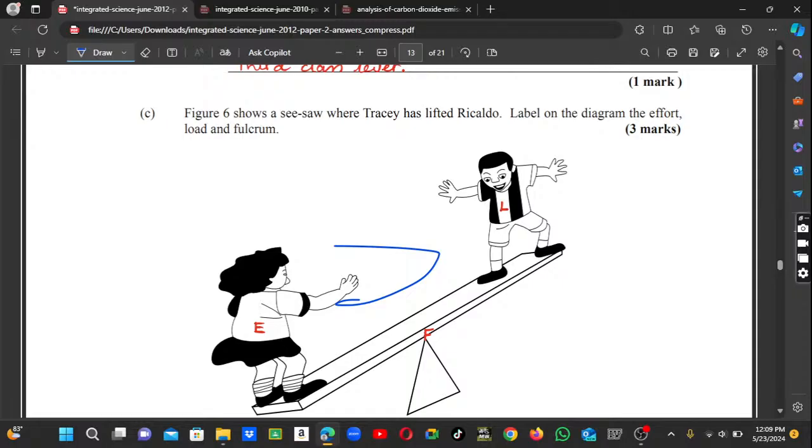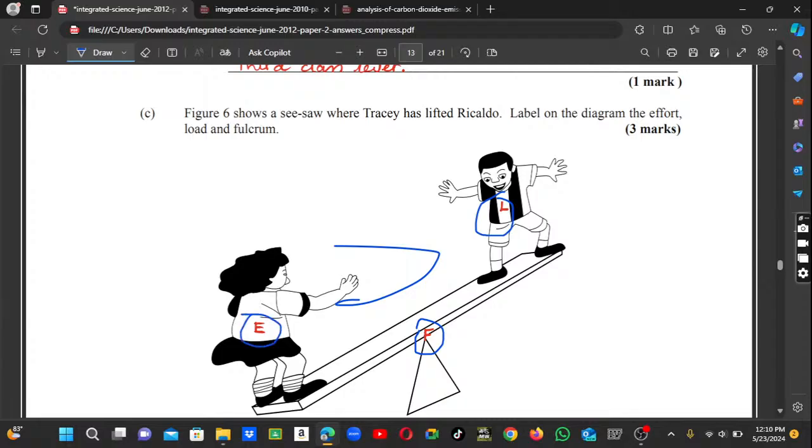So here, between this point, would be the fulcrum, right? And here we are talking about the load, and here we are talking about the effort.